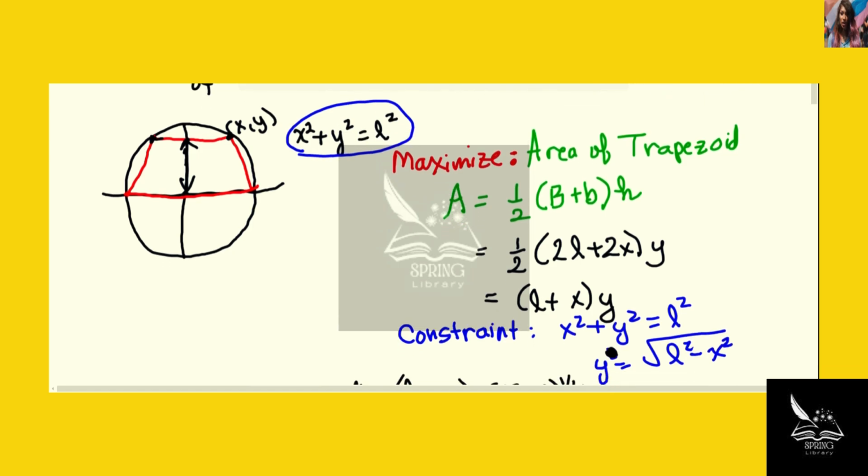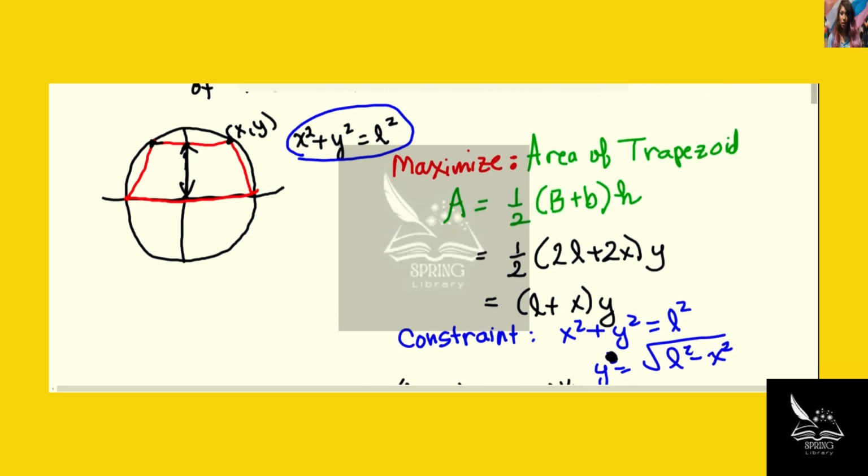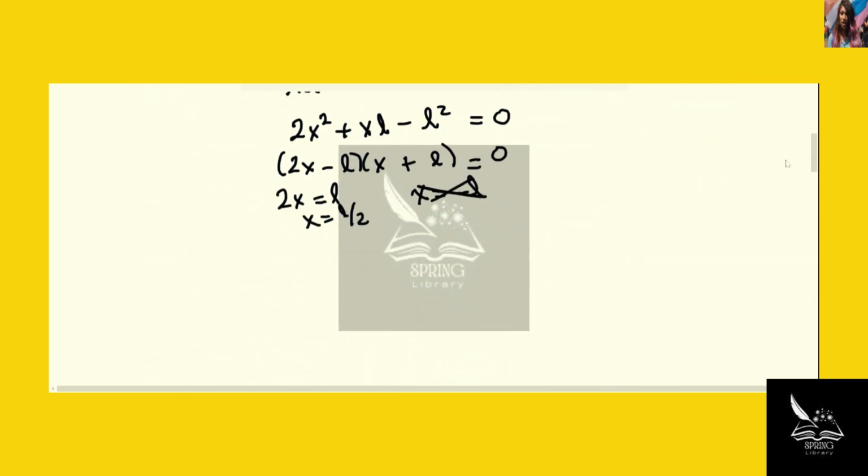All right, so the whole base, big B, remember, was 2L. Little b is 2x, which is 2 times L over 2, which is L.